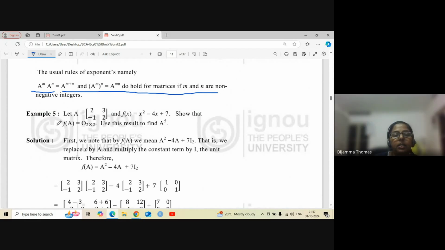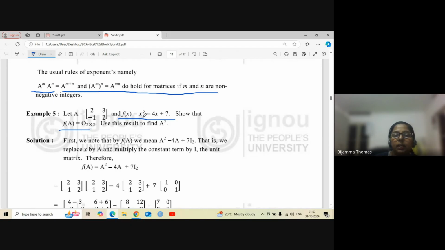Now see, A is a 2 by 2 matrix, and we are given a polynomial f of x, where f of x equals x square minus 4x plus 7. Show that f of A, that is, with the variable x replaced by the matrix A, equals 0.